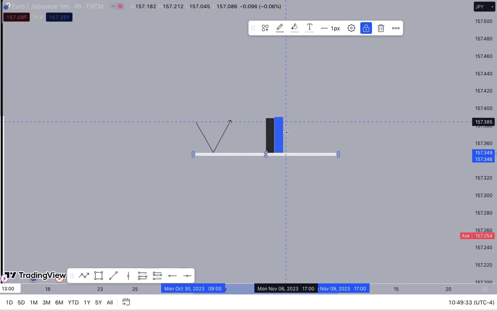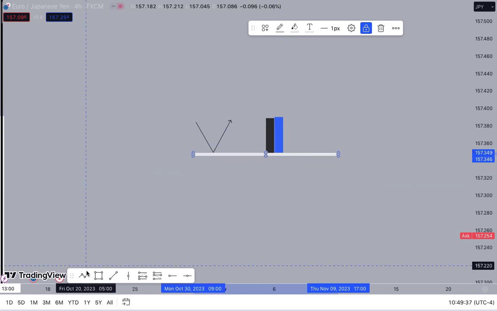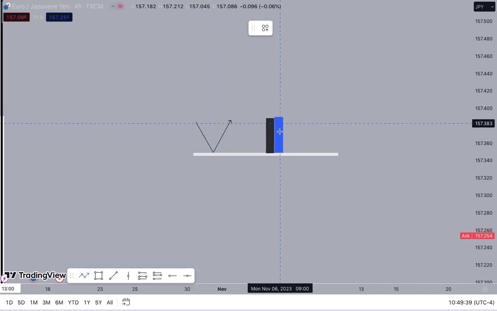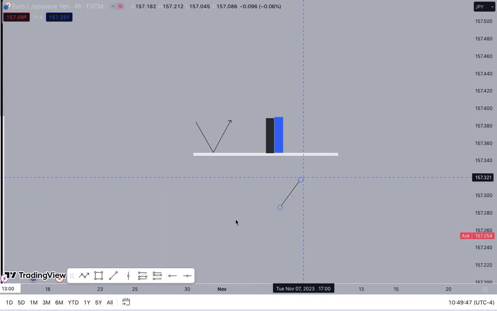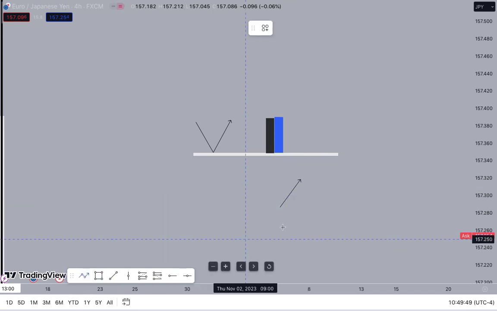So let's say on the daily, this candle was just something like a parabolic move. But on the 4 hour, it did something like this.